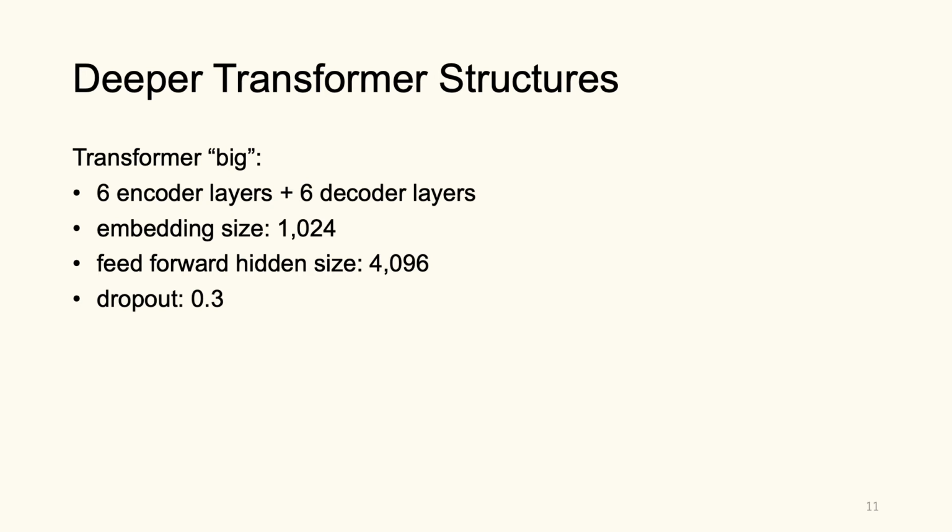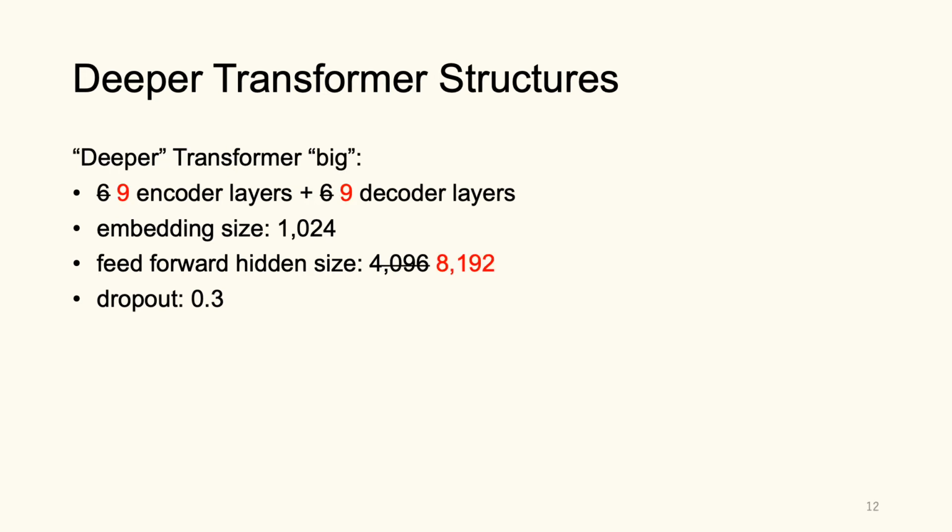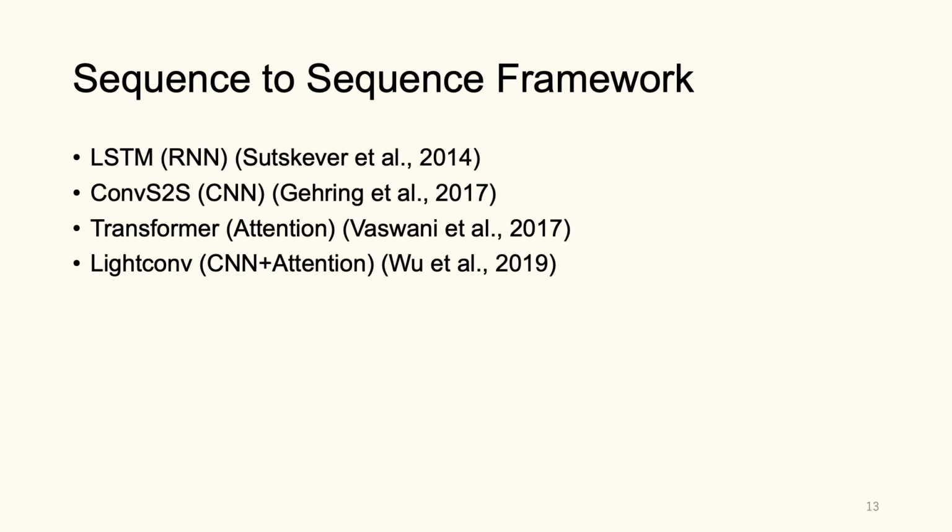Here is the standard setting of the transformer big model, and we modify the layers to 9, and we also tried 2 times the feed-forward hidden size. And also we tried various sequence-to-sequence frameworks, including LSTM, convolutional sequence-to-sequence framework, transformer framework, and light convolutional framework.